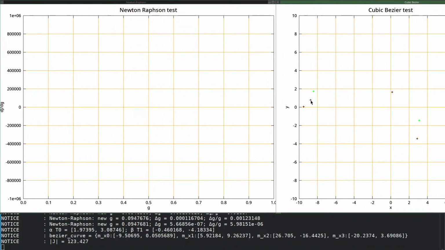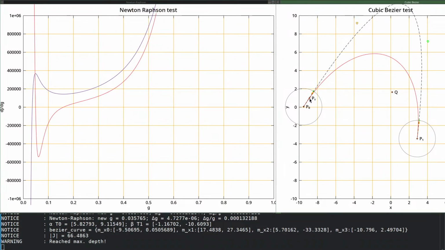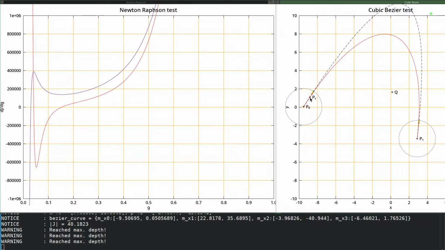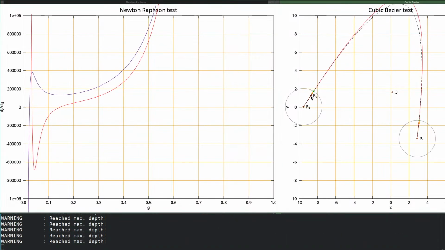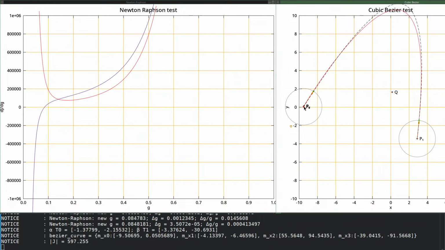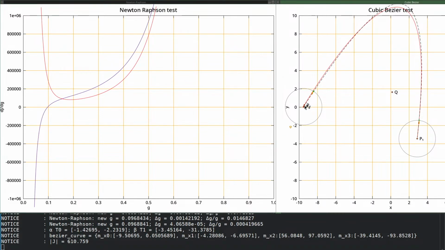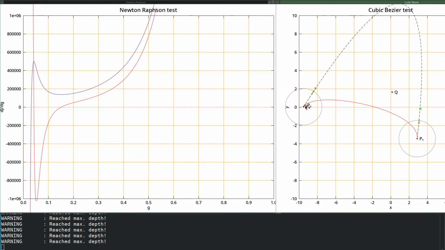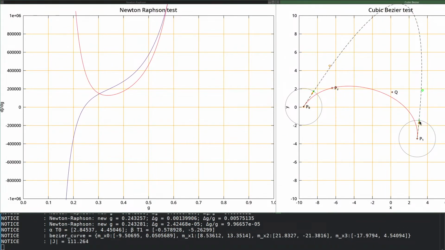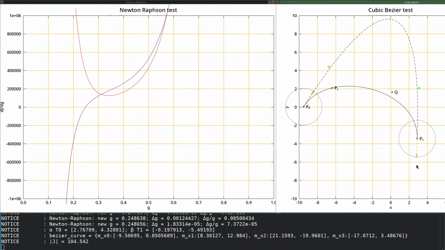And it can only do that by finding this minimum here, which now perfectly seems to work. Cool. So turn this thing the other way around.